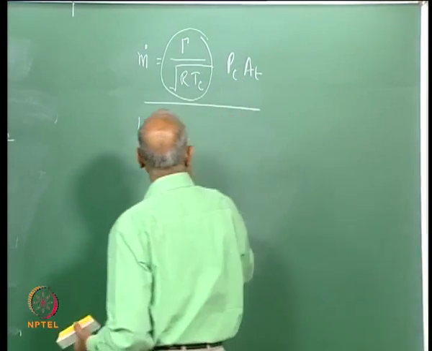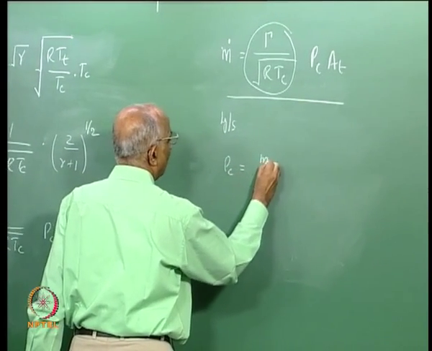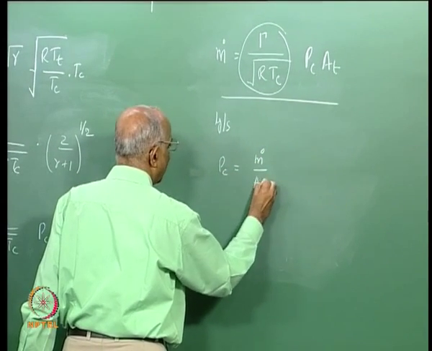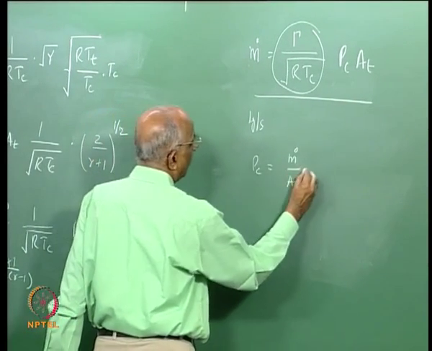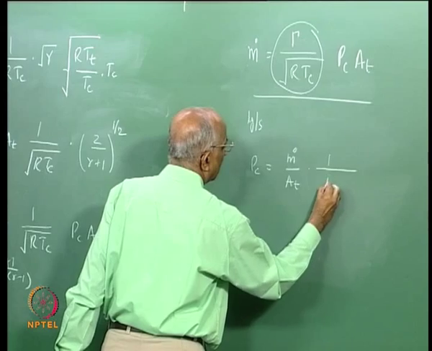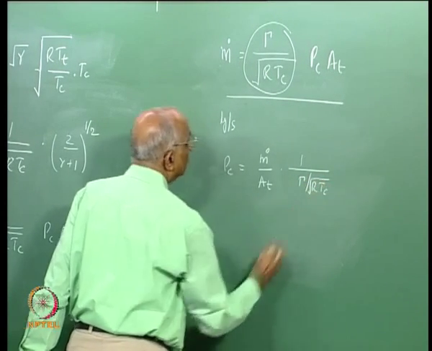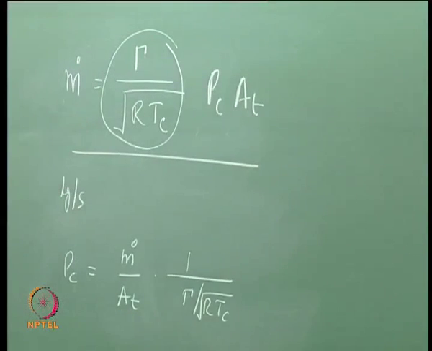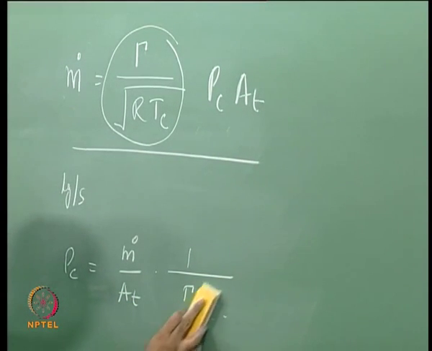If I rearrange this equation, I get Pc is equal to m dot divided by At, that is mass flux through the throat, into under root RTC divided by gamma.